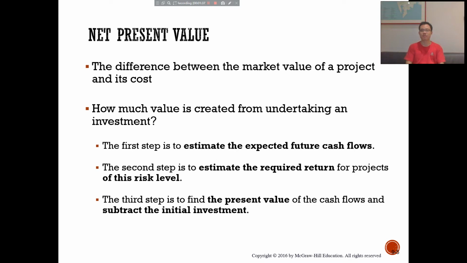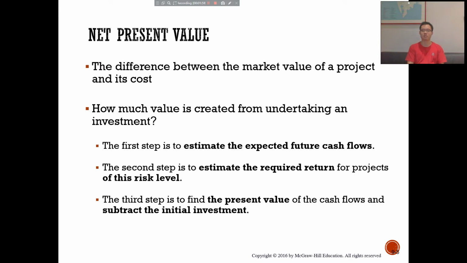The market value of a project is the present value of its future cash flows, and its cost is the present value of its initial and subsequent investment costs. How much value is created from undertaking an investment? That is the question the calculation of NPV is thinking about.